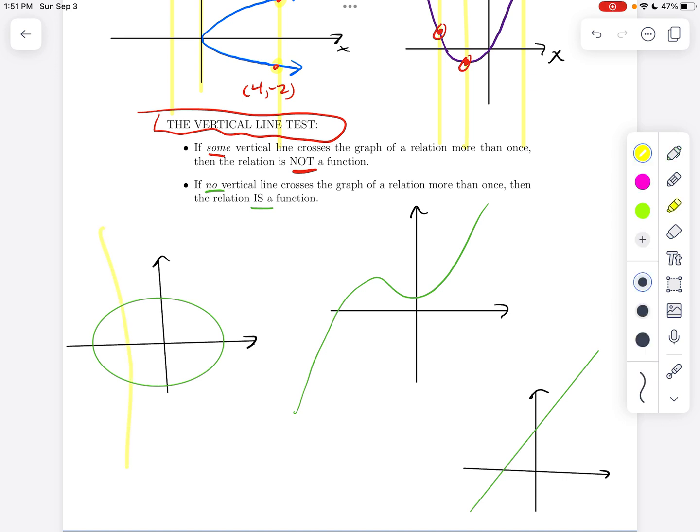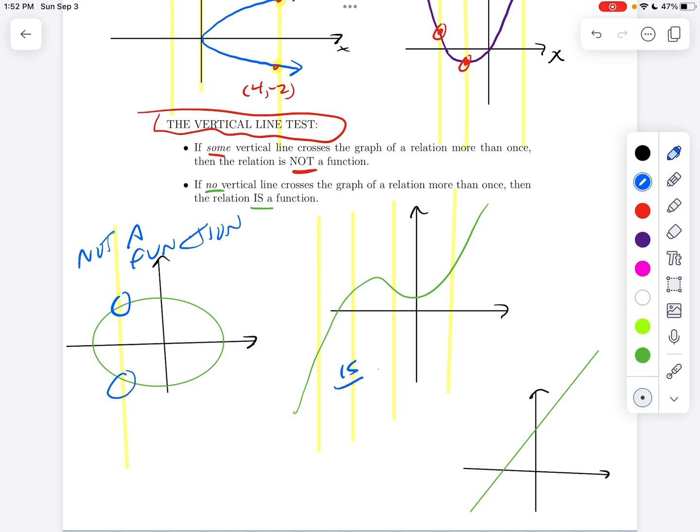For the one on the left, a vertical line crosses twice. This is not a function. Here, for this second one, every vertical line crosses only once. This is a function. Same for the third one.